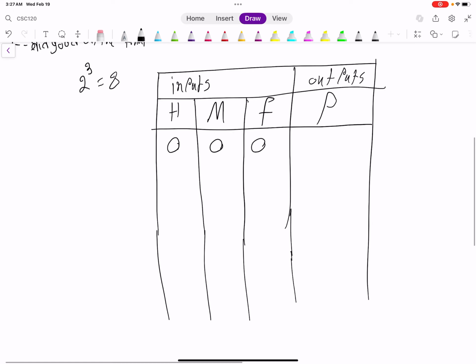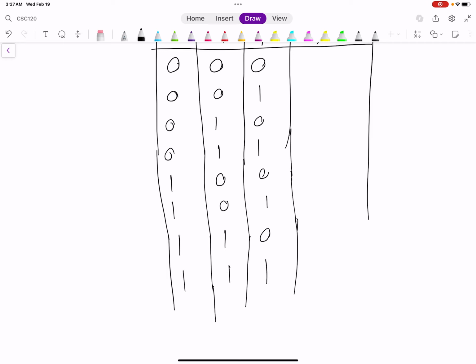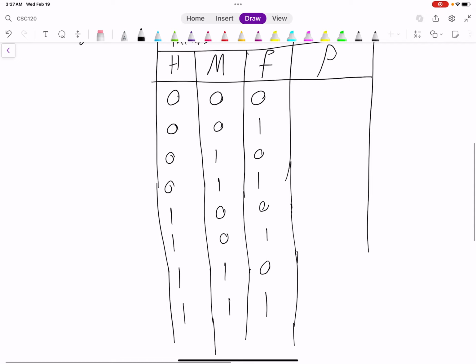So 0, 0, 0; 0, 0, 1; 0, 1, 0; 0, 1, 1; 1, 0, 0; 1, 0, 1; and then I'm going to make this a little bit longer; 1, 1, 0; and then 1, 1, 1. That's all we're going to have here.